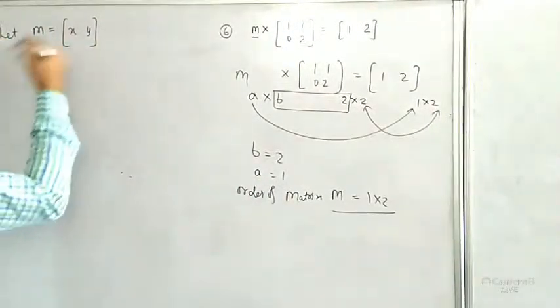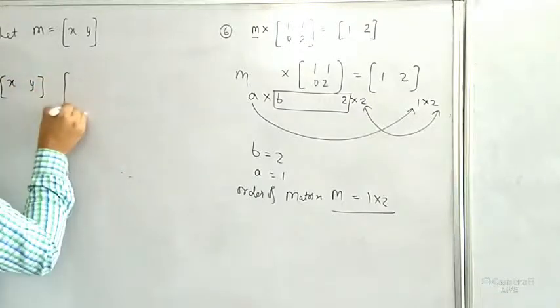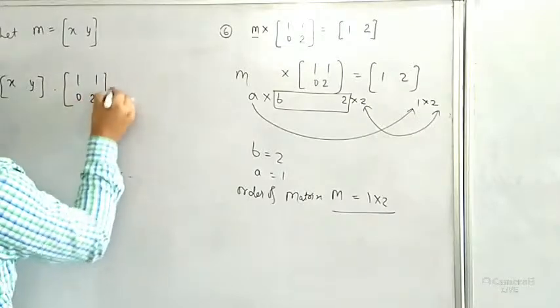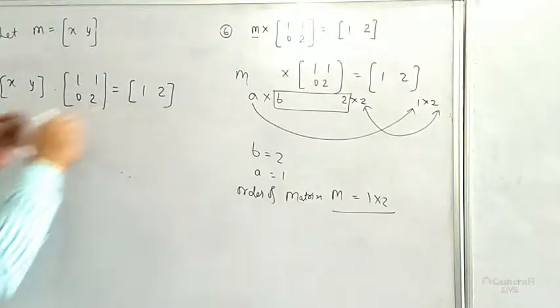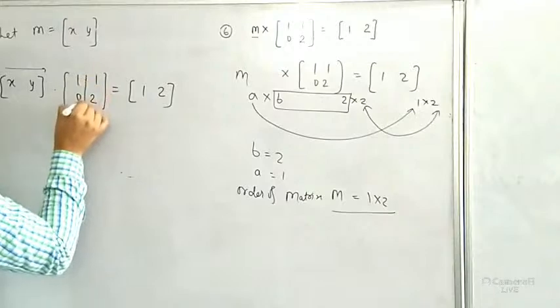So let's go, sir. Now substitute the value: M is equal to X and Y, now multiplied with 1 1 0 2, equal to 1 and 2. So solve it. First find the product according to the rule, first row and first column.